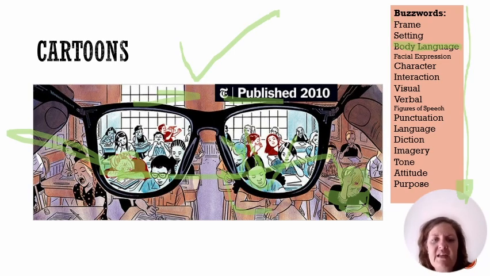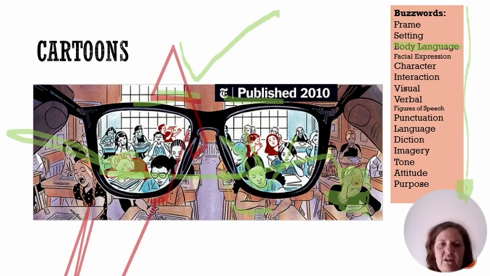Then if I look at my character interactions, there's something very specific I want you to notice here. Yes, the characters in the room aren't really interacting with each other. But do you see these glasses in the frame? Who do you think that these glasses would symbolically represent? Let's have a look.